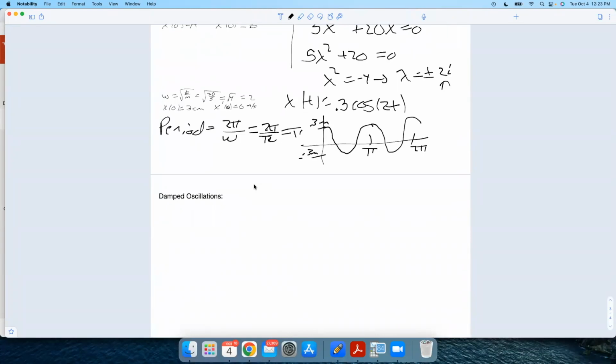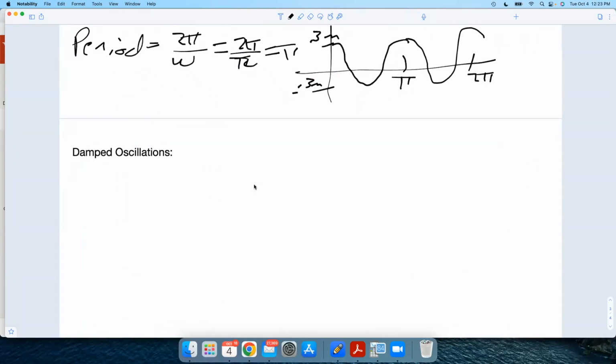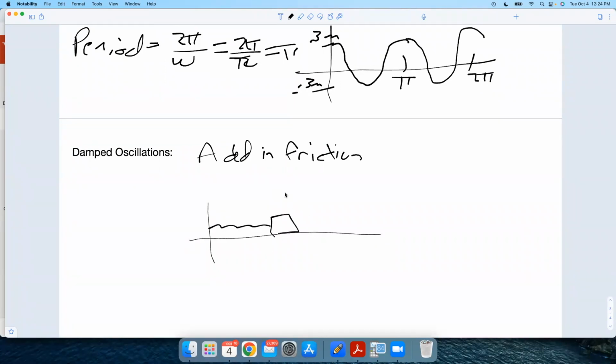Okay, what if we make this more interesting? What if we add in friction or some kind of damping force? So we've got our mass on the spring here. Say this is x equals 0 here, we're out at x equals x. We've still got Hooke's law, which is -kx.